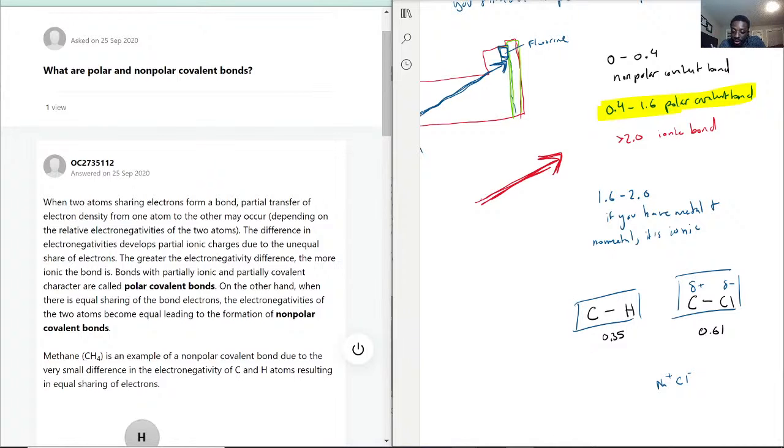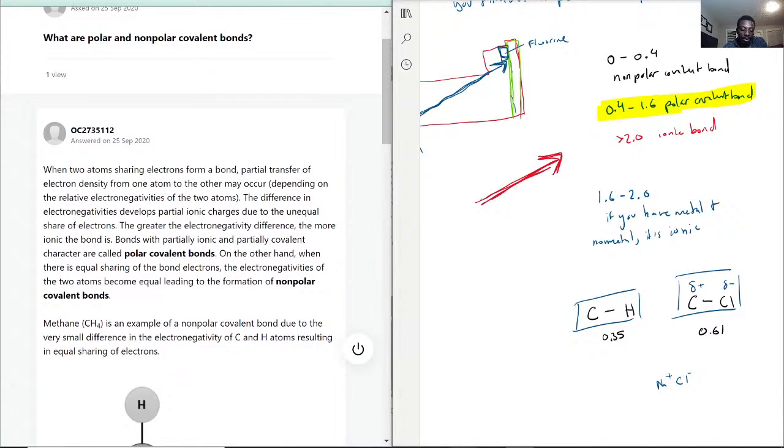Because ionic, as we discussed, needs a certain amount of electronegativity, plus the fact that it's a non-metal and a metal together. It needs those two criteria. But you'll notice that most things with an electronegativity difference greater than 2.0 are mostly a metal and a non-metal paired together.